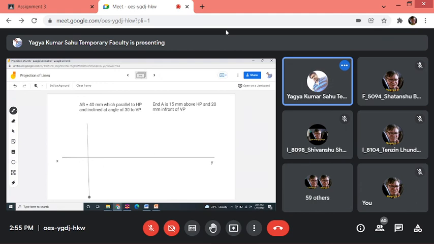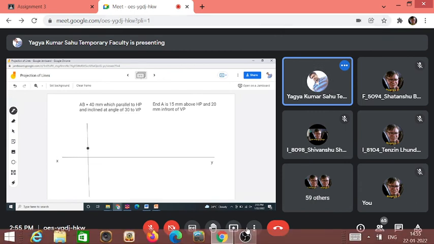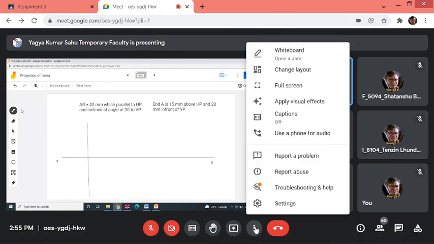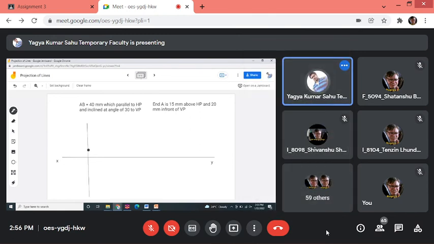Yes, sir. So first of all, draw front view, top view of point A. You can say end A or point A. Front view above or below? The point is above.